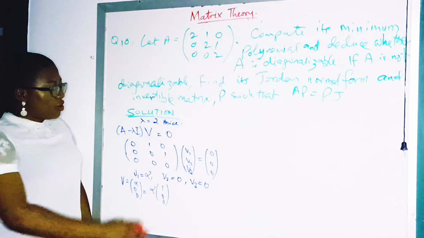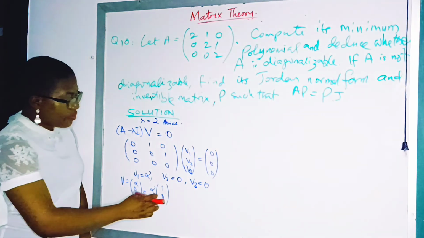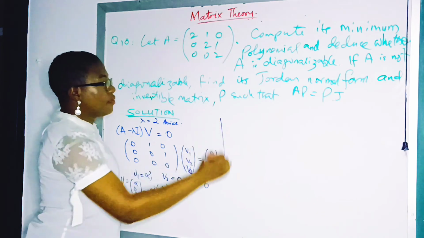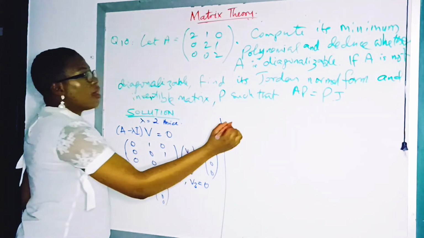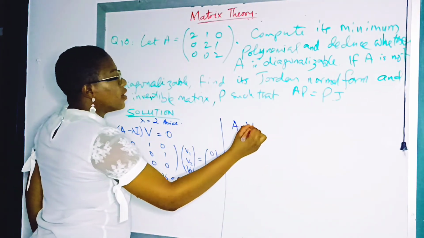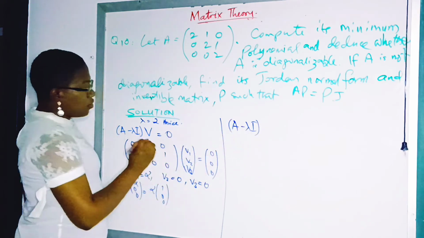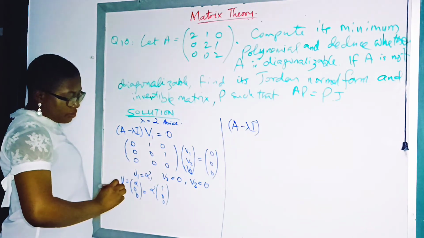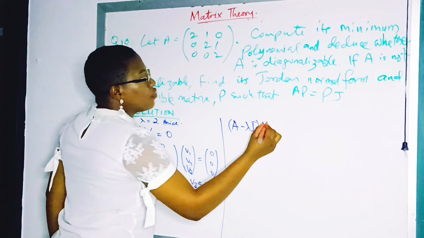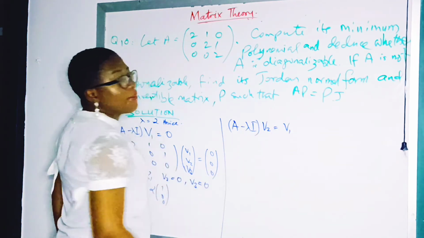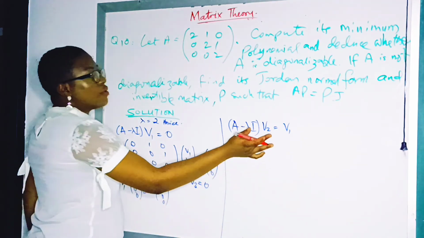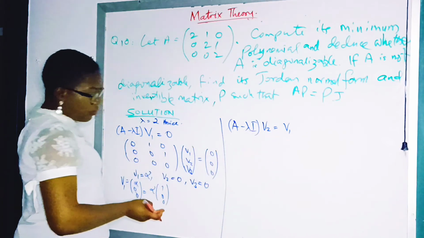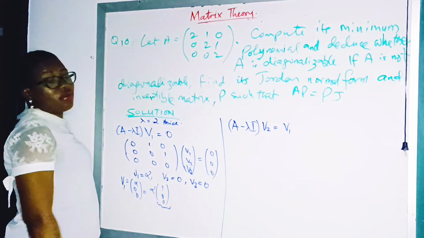We have only one vector, that's the problem, we need more vectors. So what do I do to solve this problem? I simply say that A minus lambda I times V2 is equal to V1. V2 is what we are looking for. V1 is what we already know. We can take it to the side.